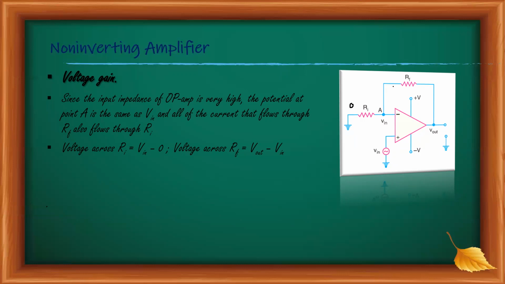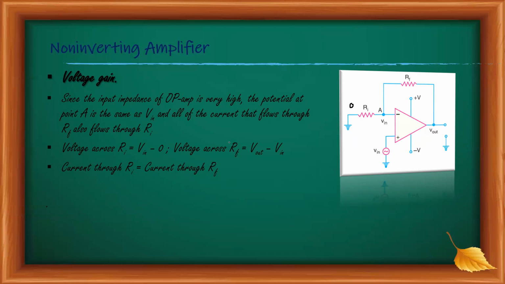And here, look at here. Here it is V out. At one end of Rf, the voltage is V out and at the other end it is V in. So the voltage drop across Rf must be equal to V out minus V in.